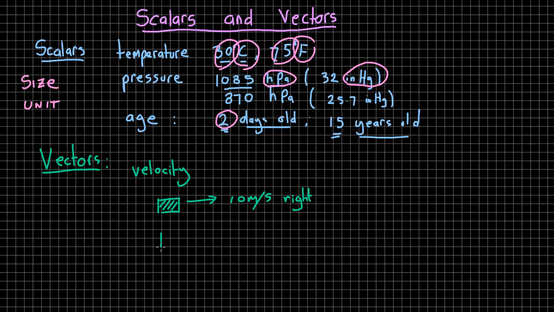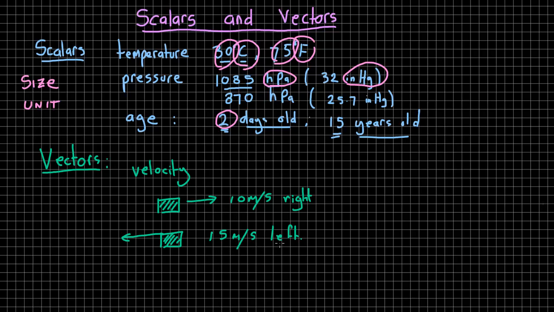Here we've got another one. And the velocity of this object is 15 meters per second to the left. So you can see that it's a bit more complicated than with scalars, where we just had to give the number and the unit.